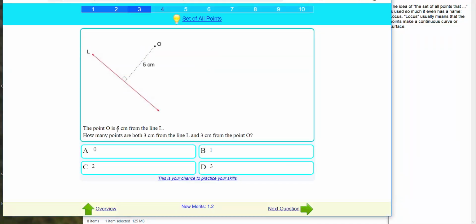So it's a bit weird, but the point O is 5 centimeters from the line L. How many points are both 3 centimeters from the line L and 3 centimeters from point O?